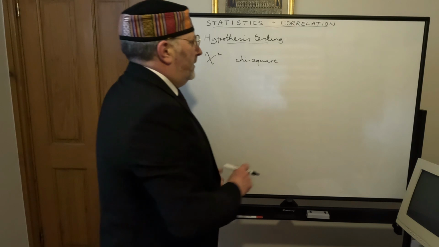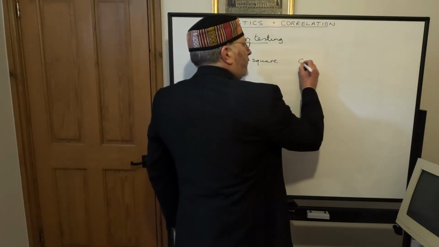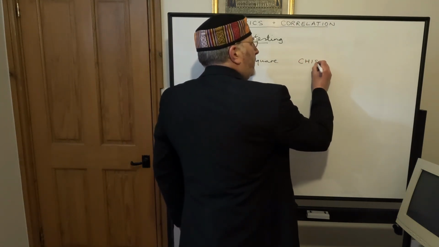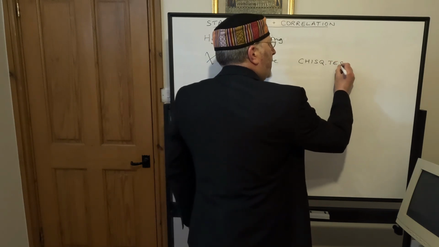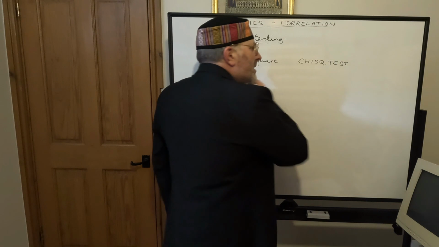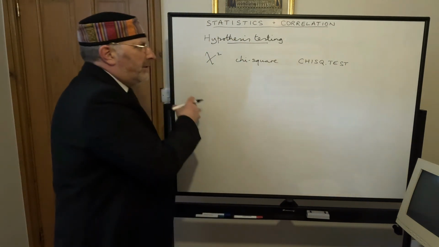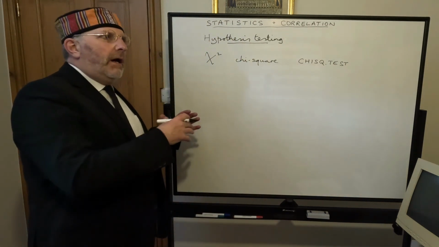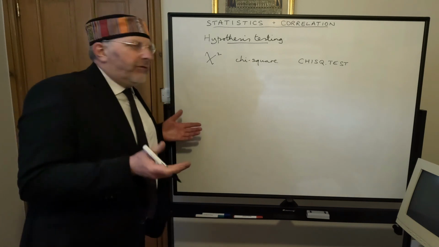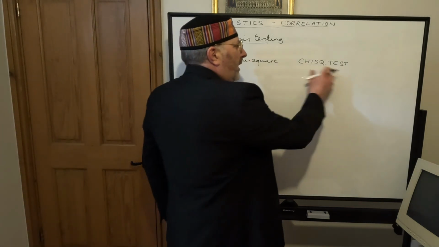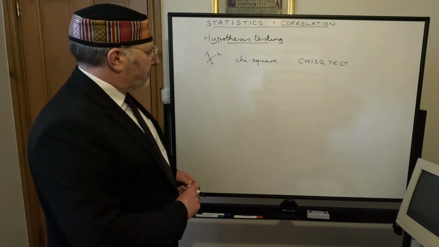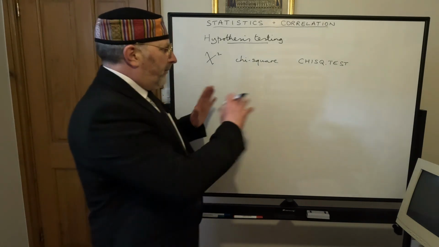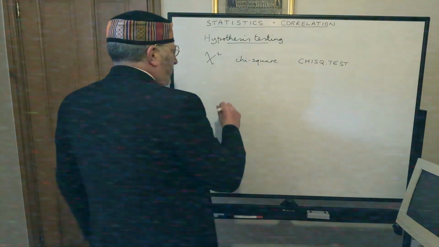And there's a function for this, for example, in Excel. I'm going to take you through how it works, but you would typically do this not manually, but in a spreadsheet if you're using Excel, using the function CHISQ.TEST. And I'll put up some data that we can work with.